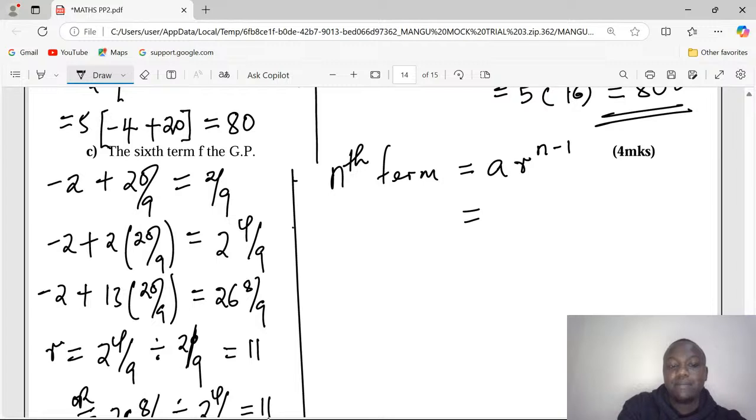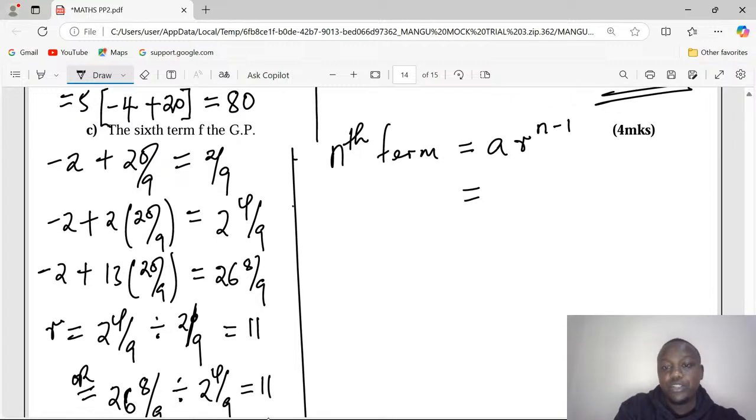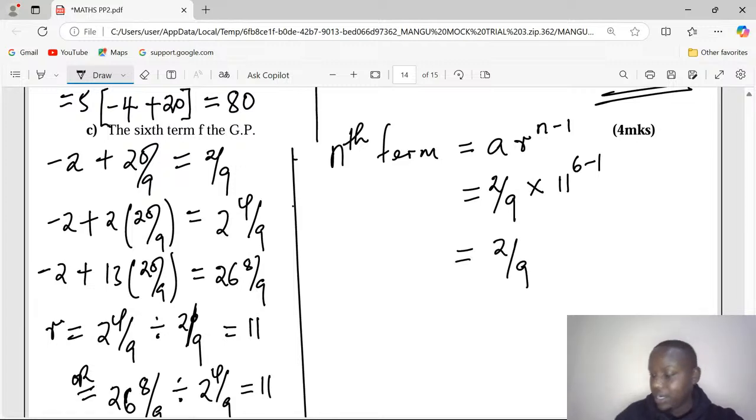So the first term is 2 over 9 multiplied by R, 11. 11 now should be raised to the power. We need the sixth term, so 6 minus 1. This is going to be 2 over 9 multiplied by 11 raised to 5.